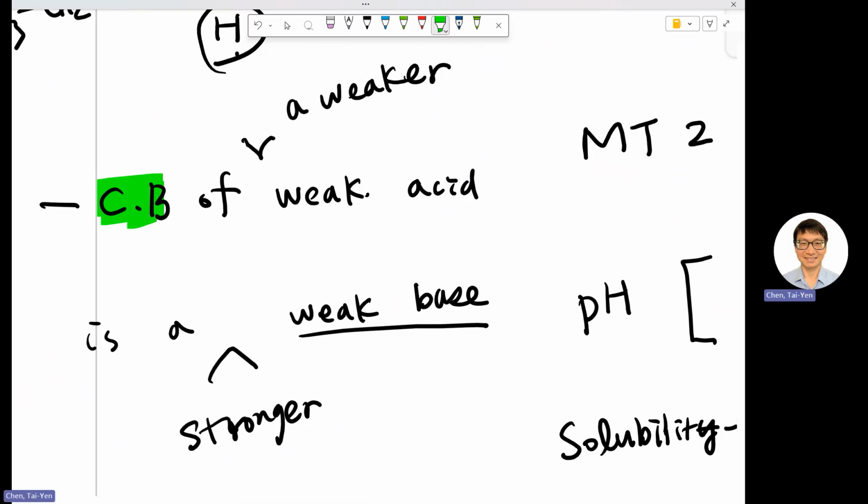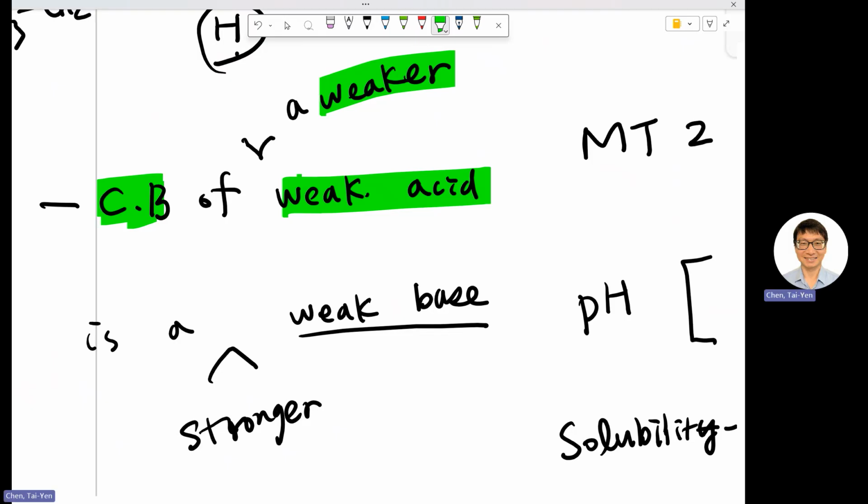But if you compare two conjugate bases of weak acids, then the weaker weak acid is going to give you a stronger weak base. This is a very, very important concept.